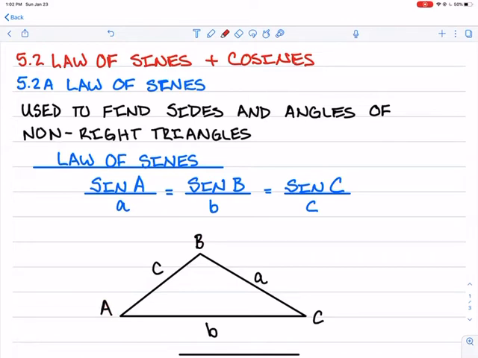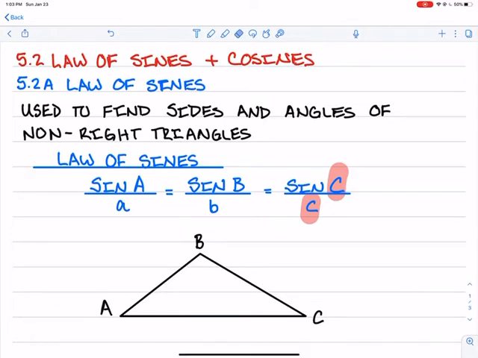Well, if you look at the formula, I have sine of A over side A. Here's angle A. Side A is the one that's always across from it. Angle B and side B are also across from each other. And the same thing with angle C and side C. Angle C is here, side C is all the way across the triangle from angle C. So it's super important to know how to label your triangle with the sides, because 9 times out of 10, all you're going to see is the angles.